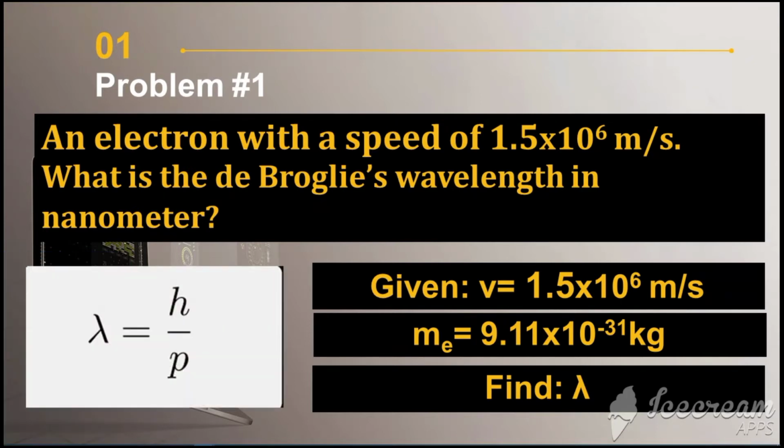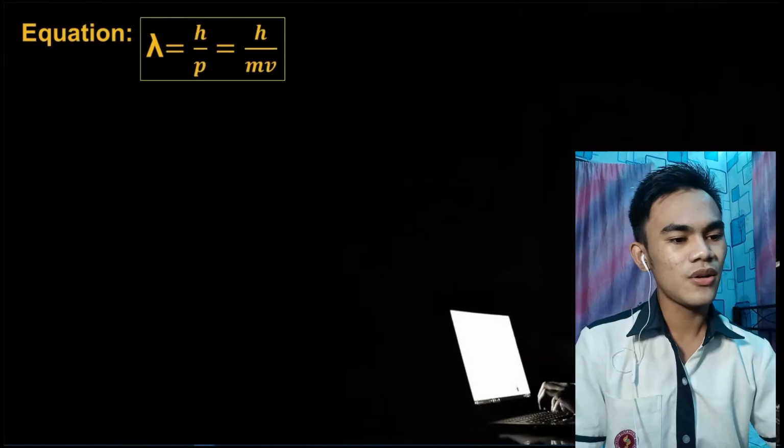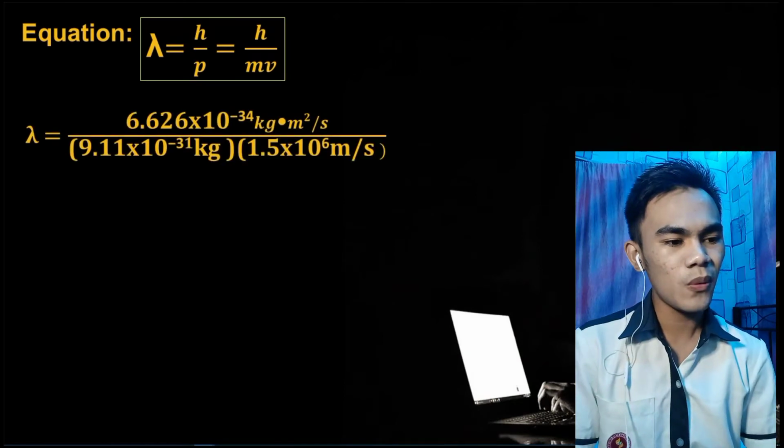Alright, so this is the equation that we are going to use: wavelength is equal to the Planck's constant h divided by the momentum. So plug in all the given values.